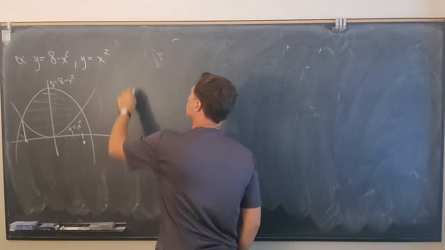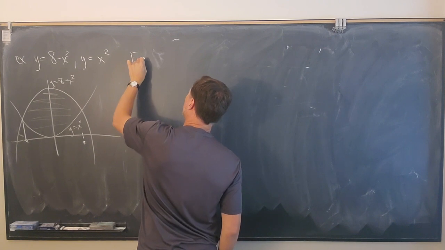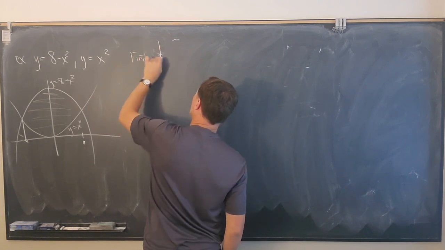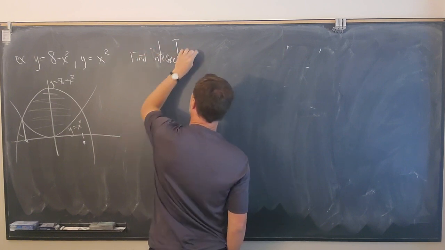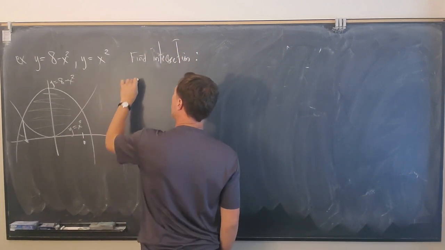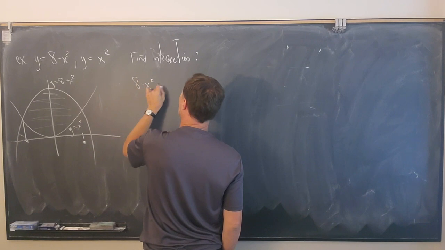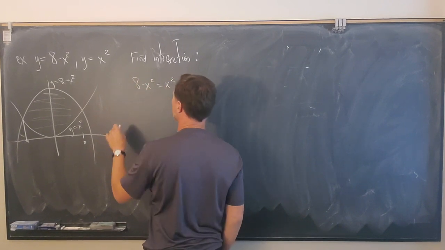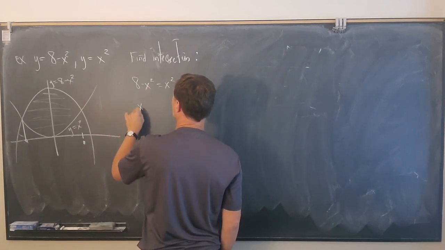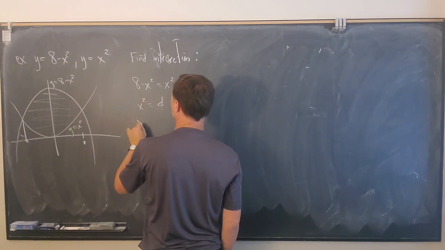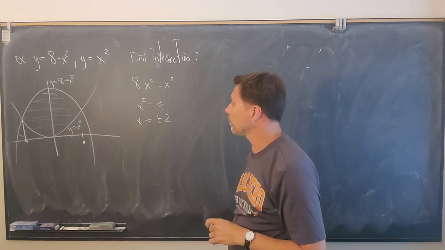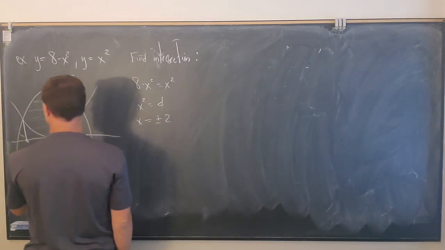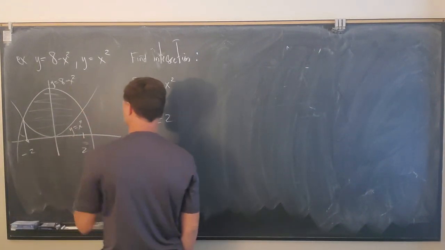And to do that, let's find the intersection. And so what we have is 8 minus x squared equals x squared. So x squared equals 4, which means x equals plus or minus 2. So there's a negative 2, and there's a positive 2.